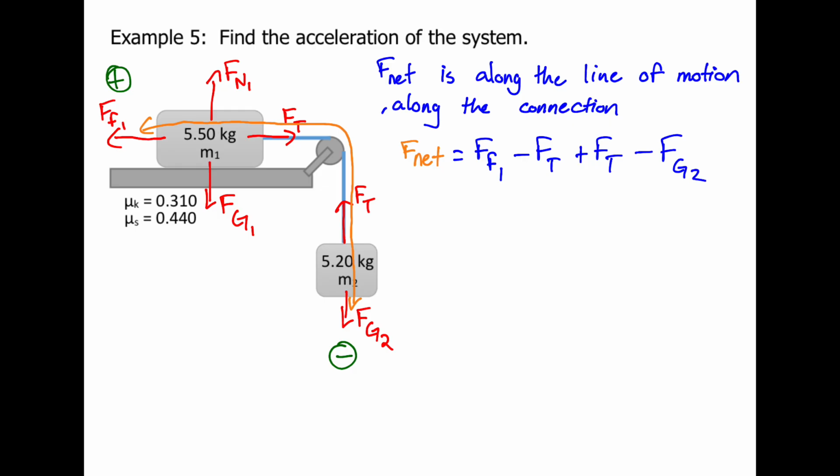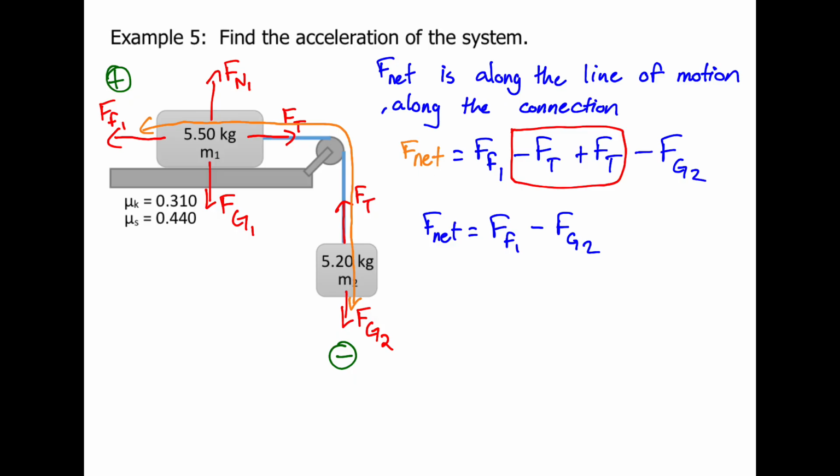But I've heard you murmuring, these two forces cancel out, don't they? Because they are the same size in opposite directions, they cancel out of our expression, so we don't care. So we can simplify our net force equation: the net force is equal to the force of friction 1 minus the force of gravity 2. That's the only things causing this to move.